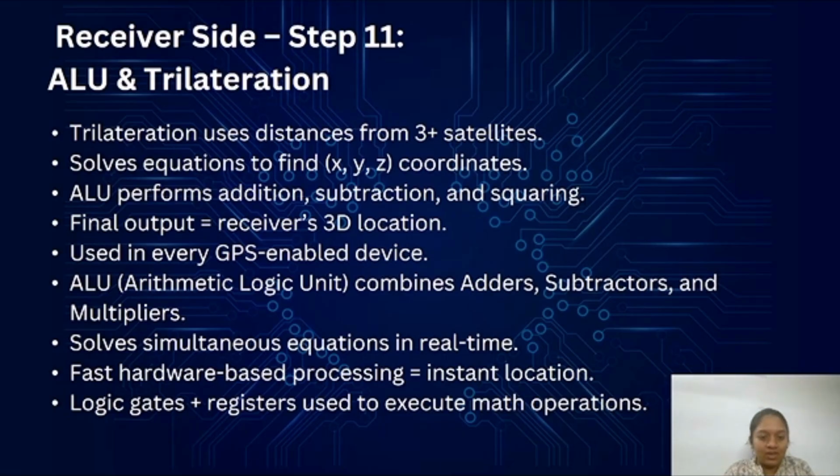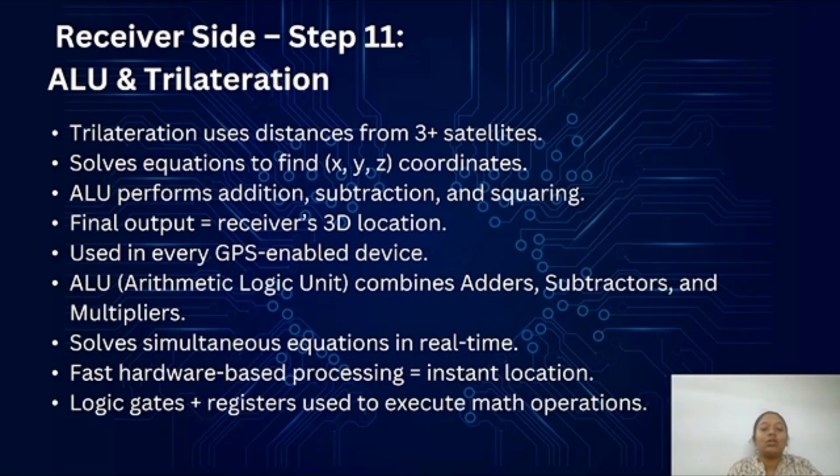The GPS receiver uses a mathematical method where the distances from 3 or 4 satellites are used to find the receiver's exact 3D position in the form of XYZ coordinates. This entire process is performed by the ALU.